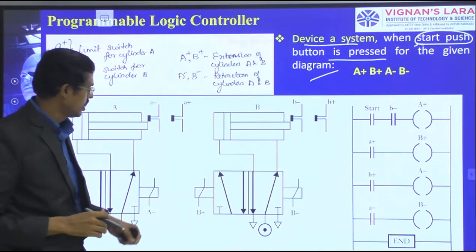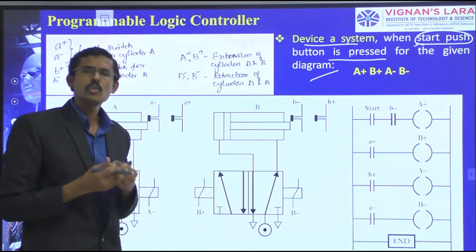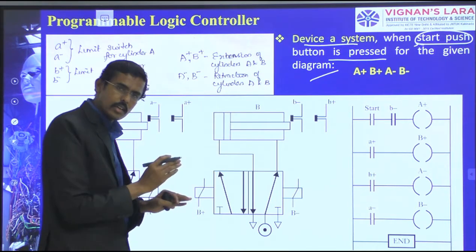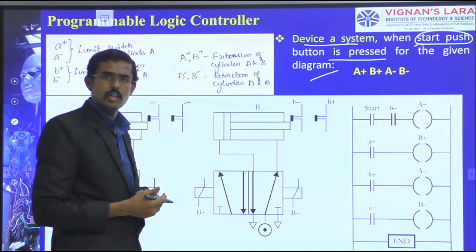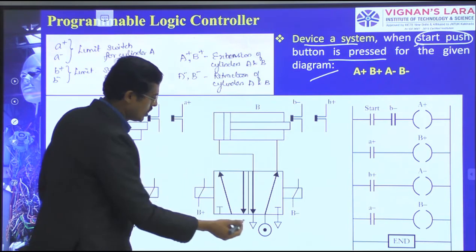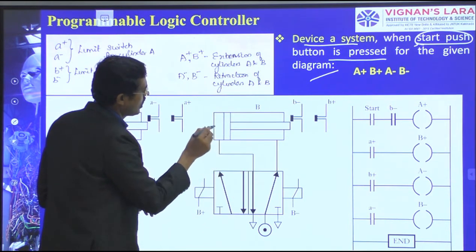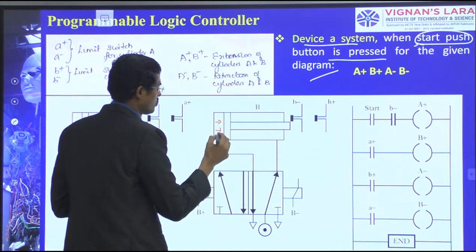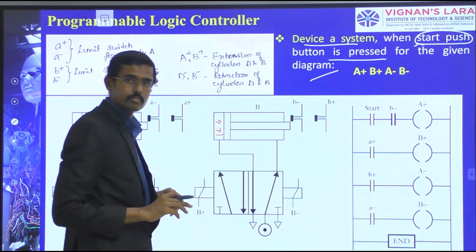In the pneumatic system, we are operating like this. When the solenoid is pressed here, the inlet goes to here and it should move. The inlet goes in here and it moves in the other direction.